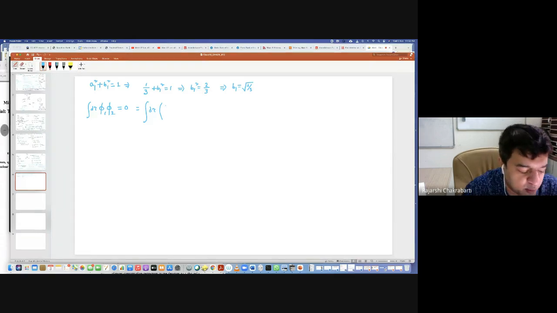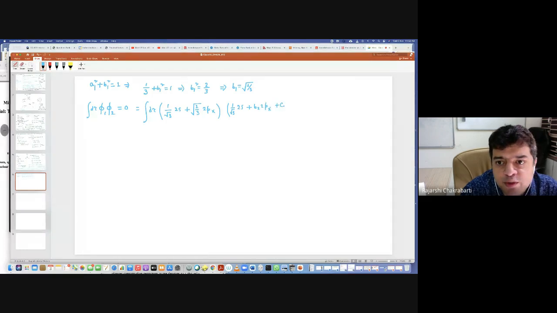Now you know a1 and b1, no? So phi 1 is 1 by root 3 2s plus root over 2 by 3 2px, and phi 2 is 1 by root 3 2s plus b2 2px plus c2 2py.